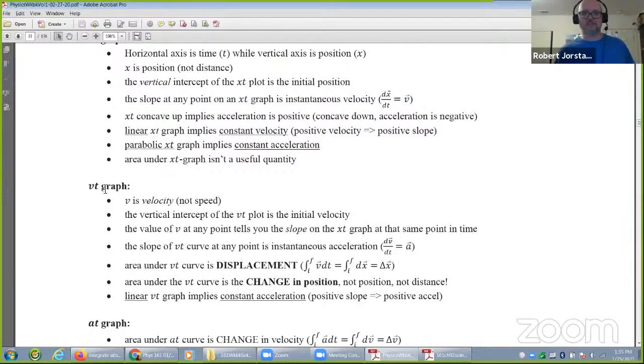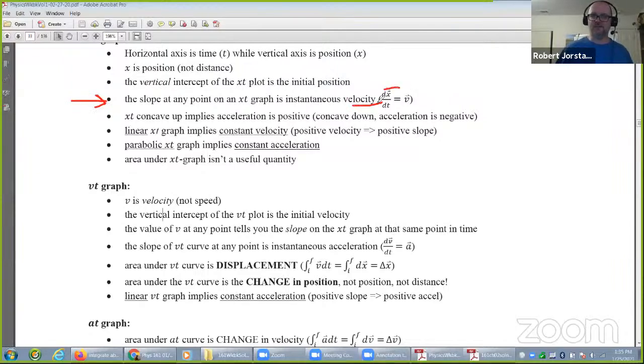And then notice there's the velocity graph. Let me mention a couple of quick things. The slope at any point on an x-t graph is velocity. That's the derivative. Remember, slopes, derivatives, same thing. Similarly, the slope of a v-t curve is acceleration. Now, be careful.